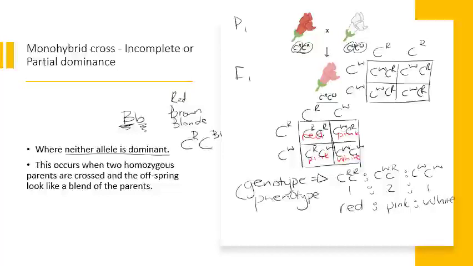So here our phenotype and our genotype are the same. If this was a complete dominance, we would end up having 3 red flowers is to 1. But in a partial or incomplete dominance, you have a 1 is to 2 is to 1, and your genotypic ratio is the same as your phenotypic ratio.